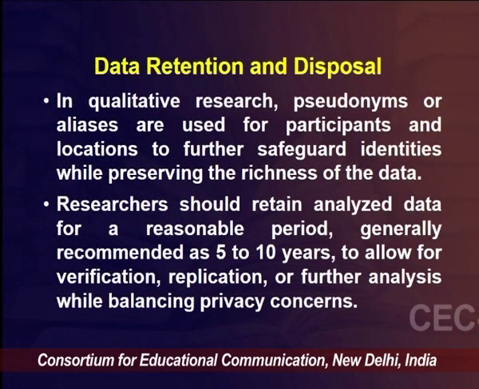In qualitative research, pseudonyms or aliases are used for participants, that is, false names are used, and even the locations are many a time not the true location. These two are done in order to safeguard identity while preserving the richness of the data.